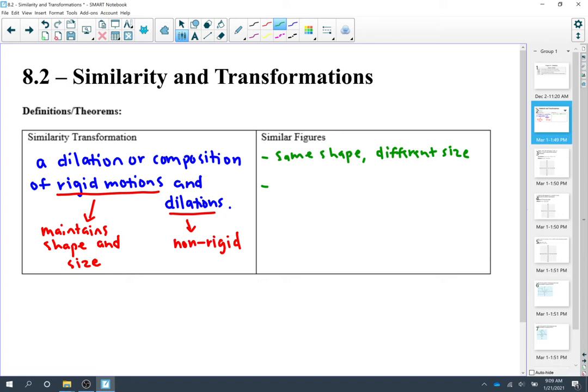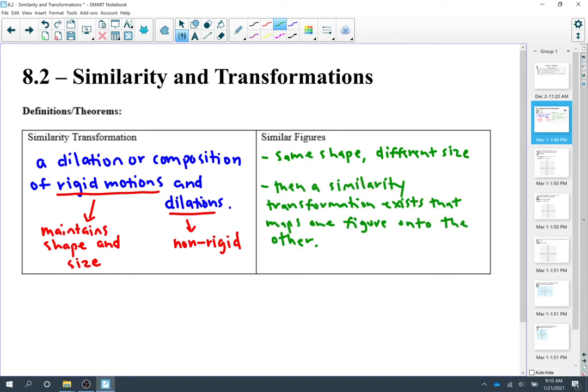And we're going to be using that idea to actually prove whether or not figures are similar.